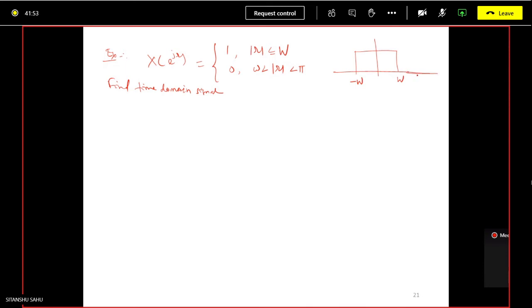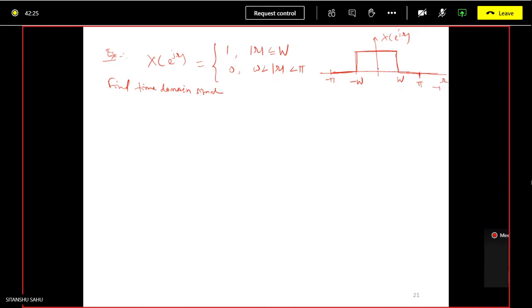It is 0 from w up to pi, and also 0 on the negative side up to minus pi. So this is the signal in the Fourier domain. It is given as X of e to the power j omega, and this is my omega axis, the frequency axis. Now you have been asked to find its corresponding time domain signal.